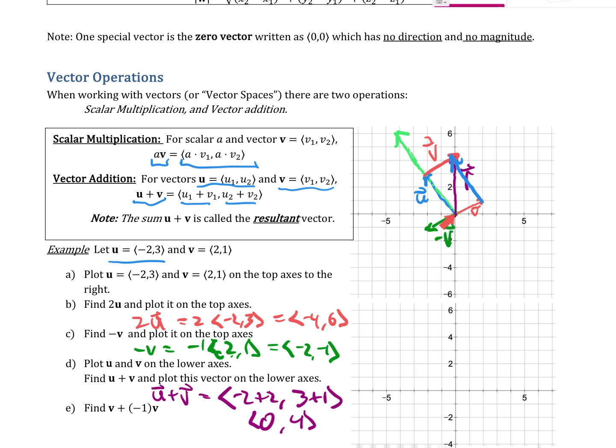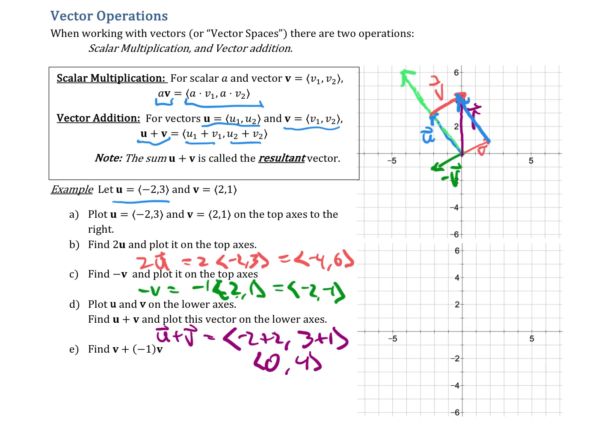So if I want to show this graphically, I can draw this parallelogram by attaching the tail of one to the head of the other, and by adding, they're going to end up where the resultant is there. And what happens when we add v plus -v? Well, we had -v here.